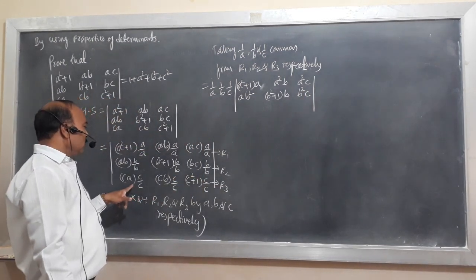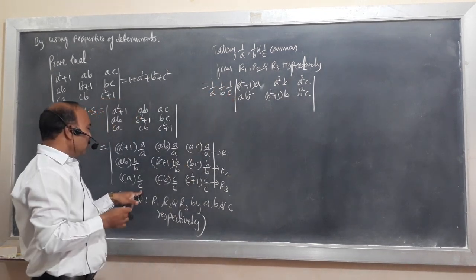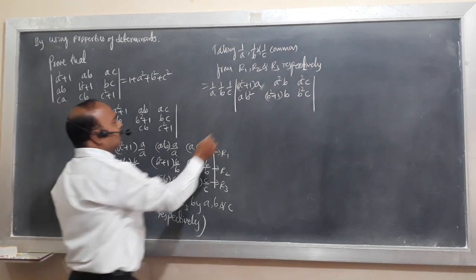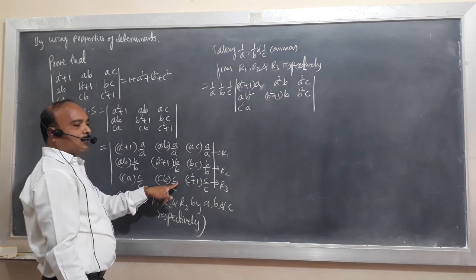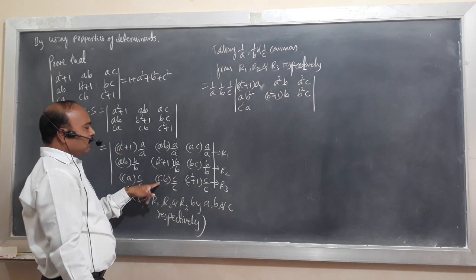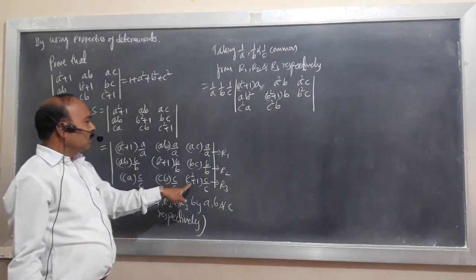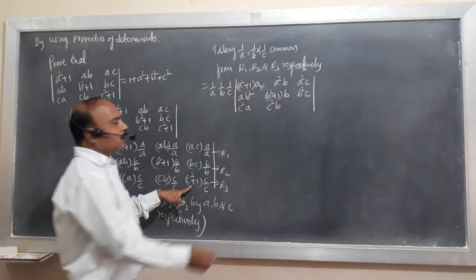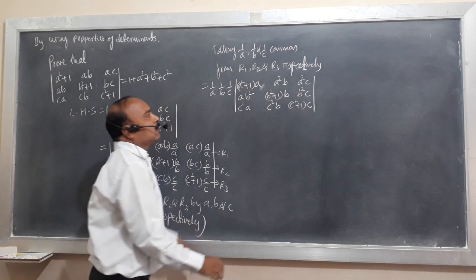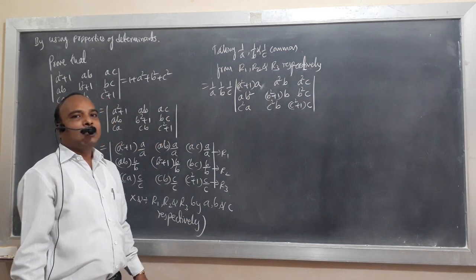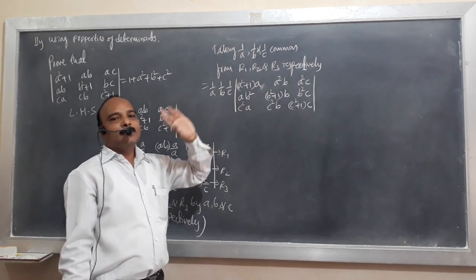Similarly, the third row changes, 1 by C already taken outside. Now we get CA into C, that is C square A. Now CB into C, that is C square B. Now here 1 by C is outside, we get C square plus 1 into C. These terms we get after taking 1 by A from R1, 1 by B from R2 and 1 by C from R3.